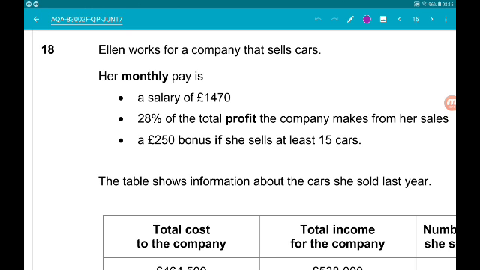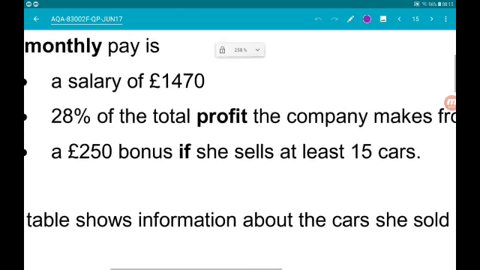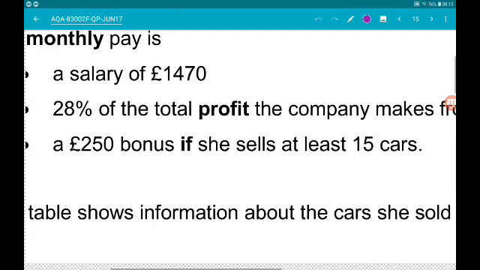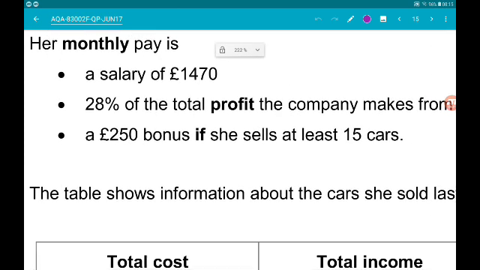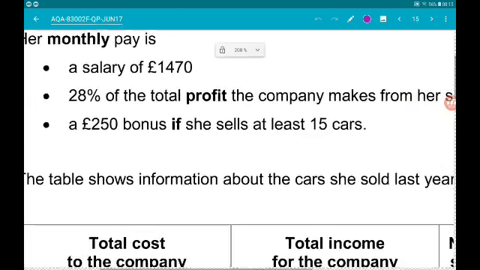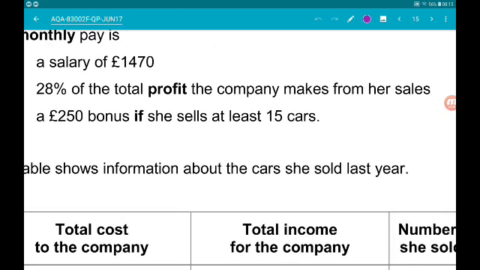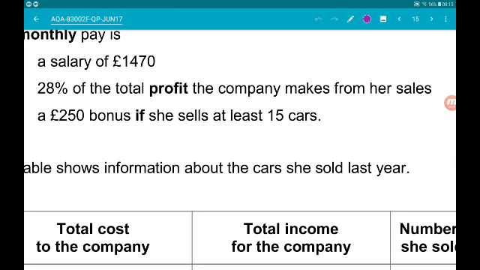Her monthly salary is a salary of 1,470, 28% of the total profit the company makes from her sales, and a £250 bonus if she sells at least 15 cars.